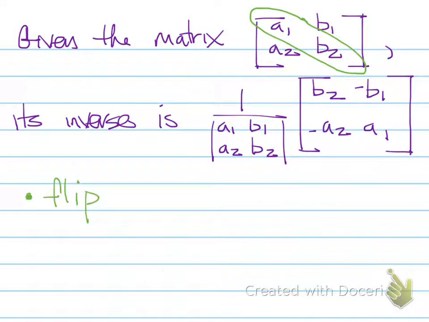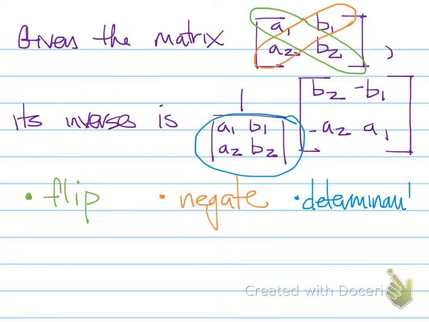What we did there was we took the original matrix and we flipped the element in the top left and bottom right, and then we negated the elements in the bottom left and top right, and the number below the 1 is the determinant of the matrix.